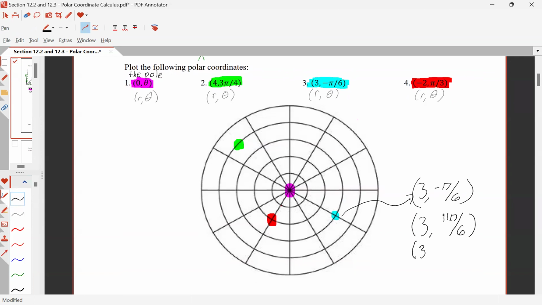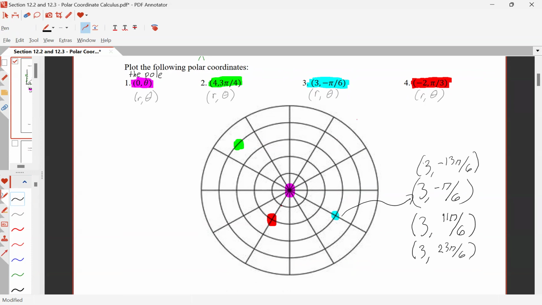I could write it as 3 comma 23 pi over 6. It could be 3 comma negative 13 pi over 6. There's a lot of ways to write that angle because I can add or subtract 2 pi.